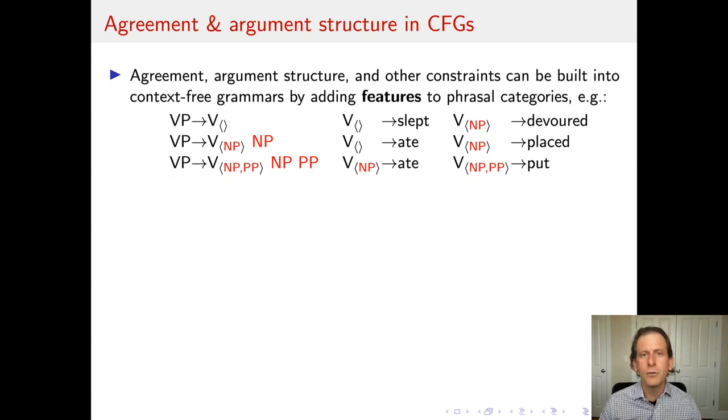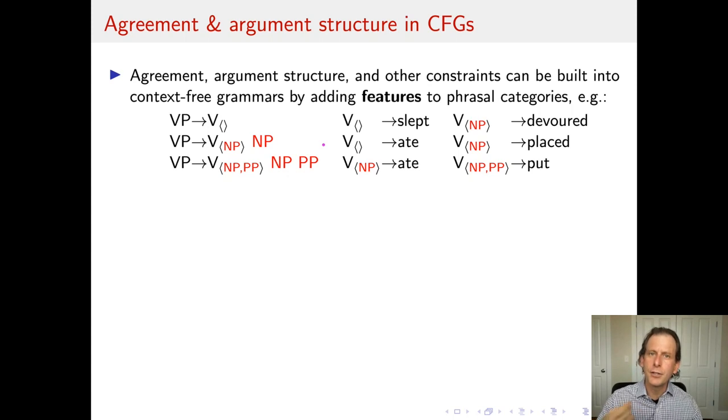And now this becomes something that has a little bit of teeth in terms of predicting some things being okay and some other things not being okay, by saying that different words can be rewritten from different V labels. So for example, sleep is intransitive. You rewrite V with no arguments to sleep.